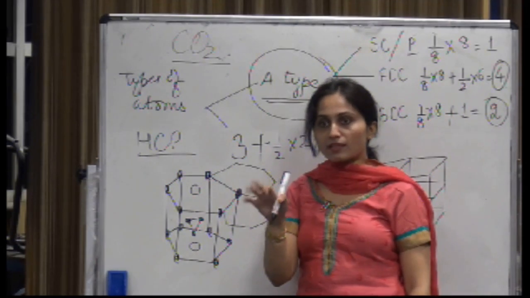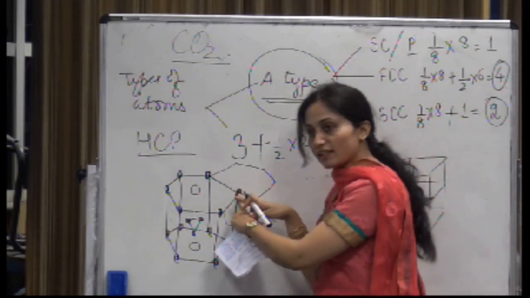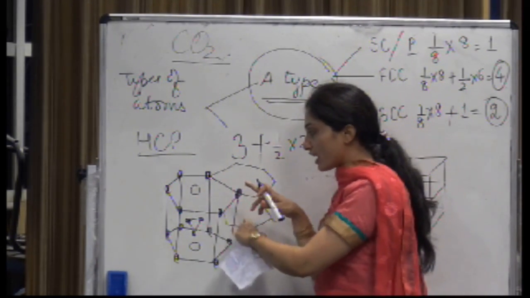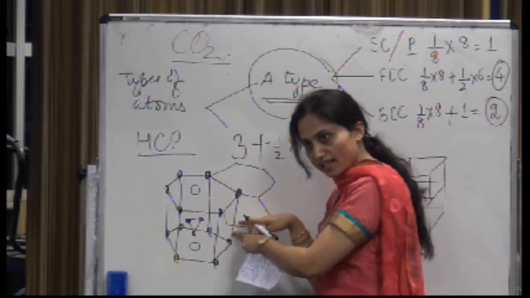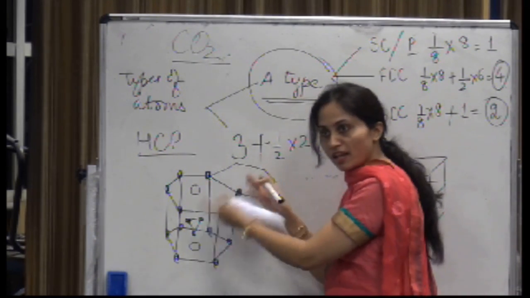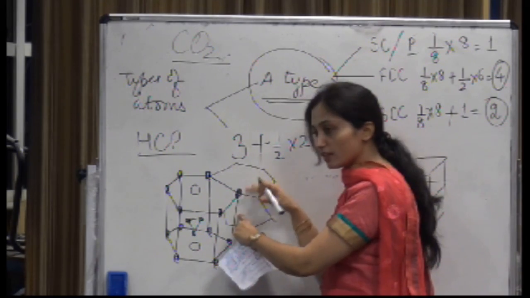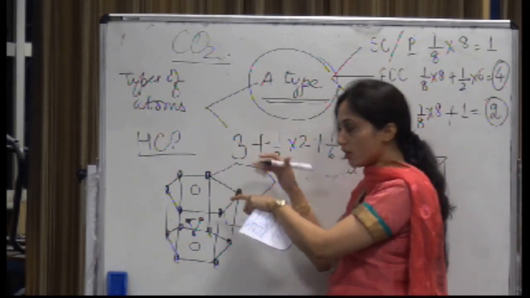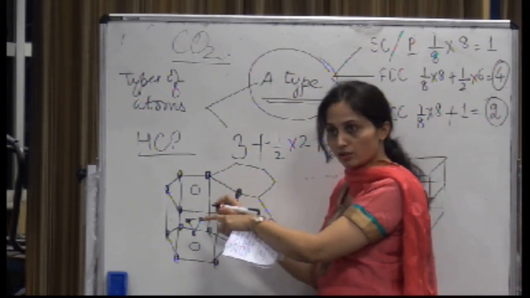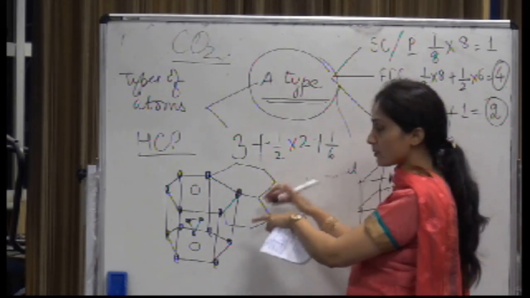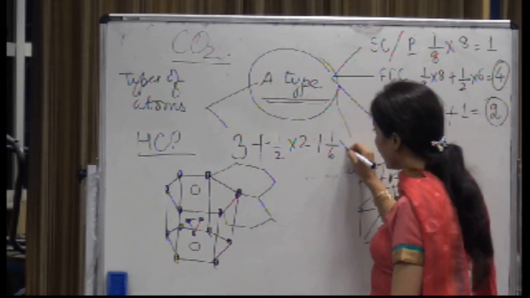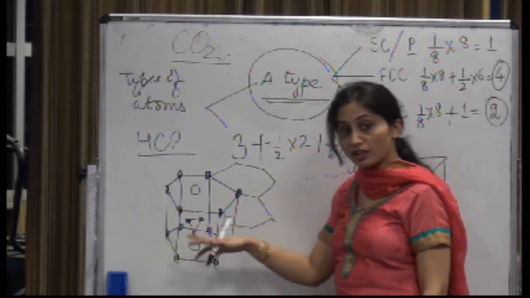Okay? Understood? There is an atom at a corner, and that corner is being shared with 3 unit cells here. 3 hexagons were to be made, so 3 hexagons here and 3 above it. So the contribution per unit cell will be 1/6 because it's being shared by 6 unit cells, into the total number of corners. That's 12.